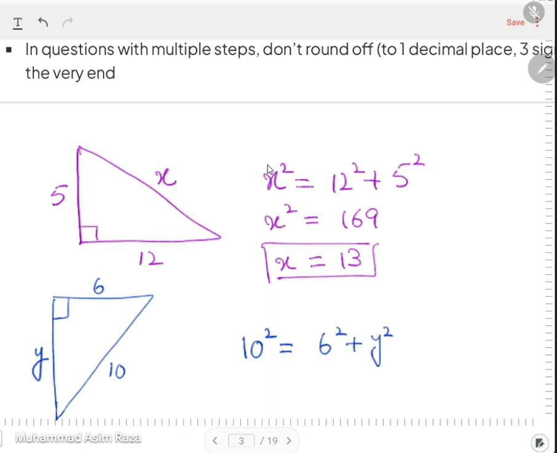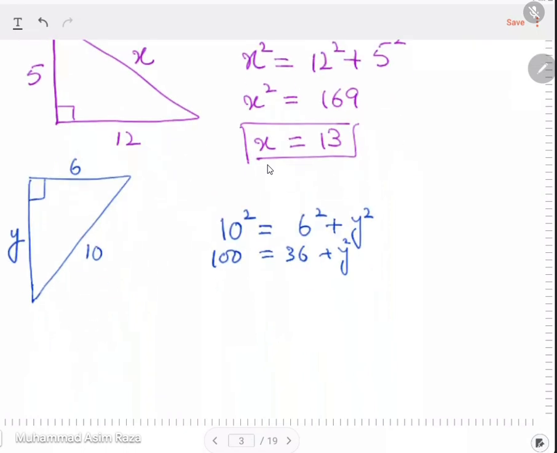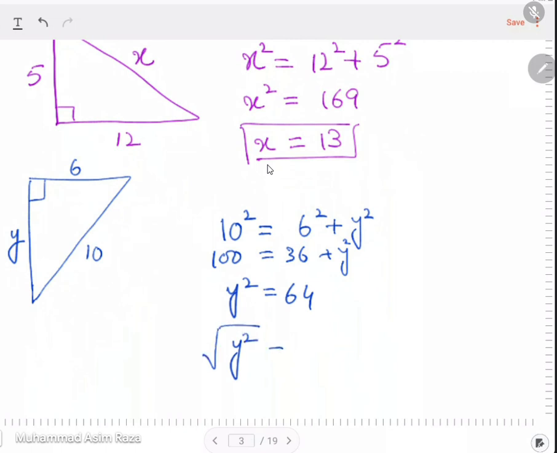Or you can also write y square plus 6 square. You know that this is 100 and this is 36 plus y square. So y square is equal to 64, and when you take the square root, we will have y equal to 8 centimeter or whatever the unit we will be using.